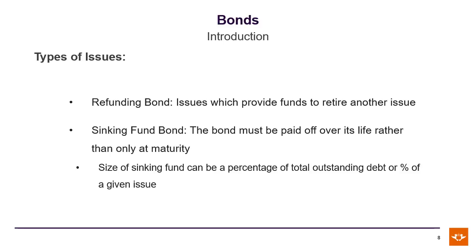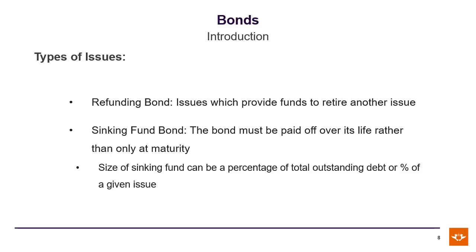So a schedule is set up and a certain percentage of the par value is redeemed each year over the life of the bond. Now, the size of the sinking fund can be a percentage of the total outstanding debt for the issuer, or it can be a percentage of a specific issue.